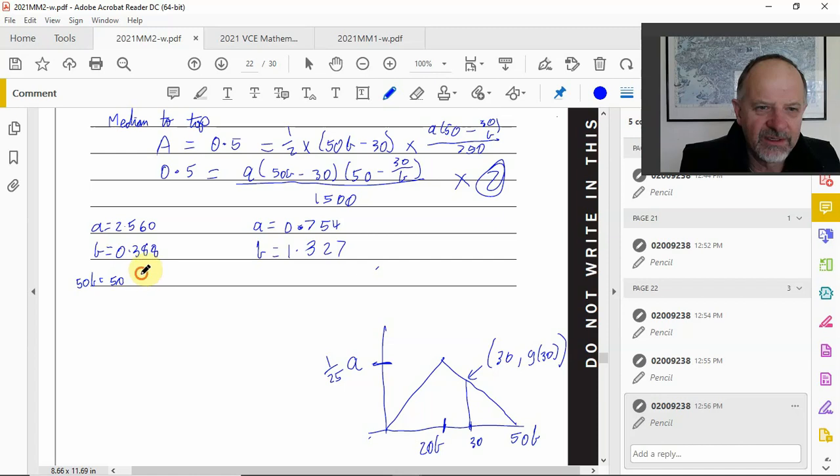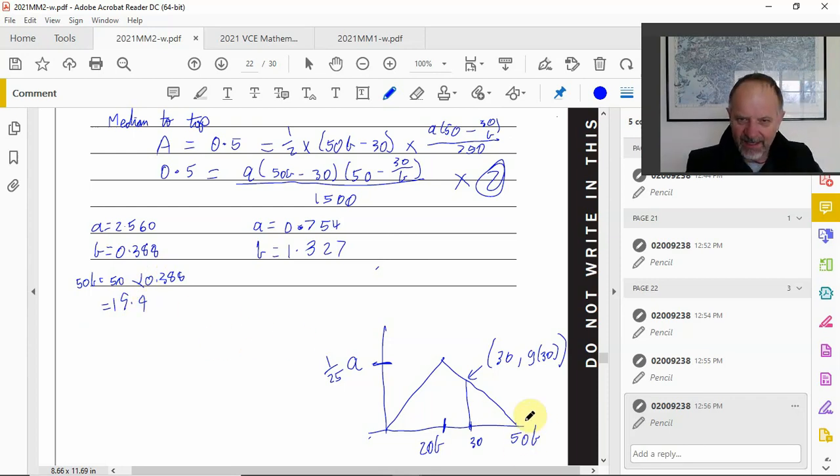Now, with the first answer, if you find out what 50b is, which is 50 times 0.388, that comes out to 19.4. So it's saying that this endpoint is 19.4, but the endpoint can't be 19.4 because 19.4 is less than 30.